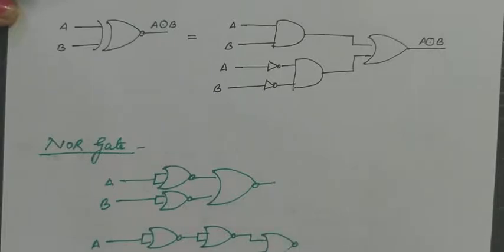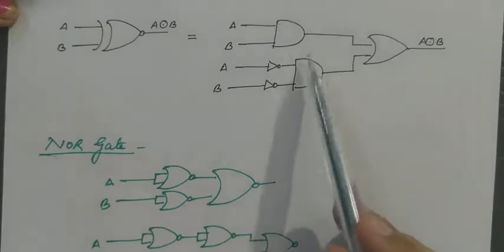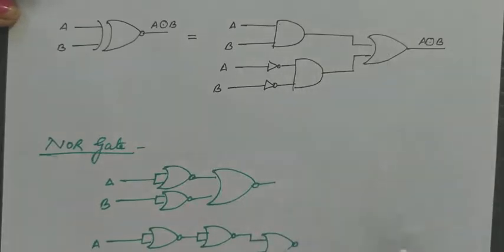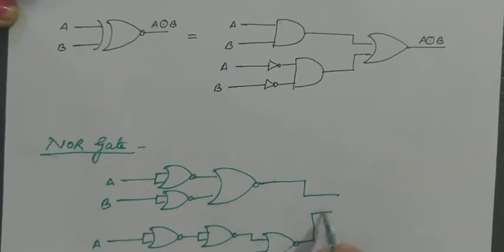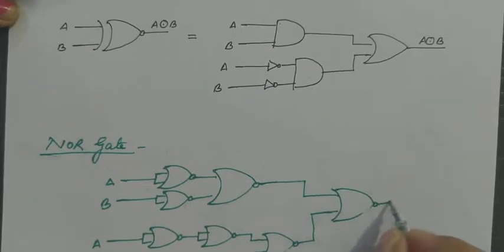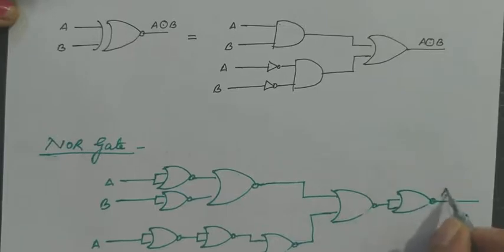This is the AND gate. Now these two AND gates are connected to an OR. So we will add these two lines to an OR gate. This is A XNOR B.